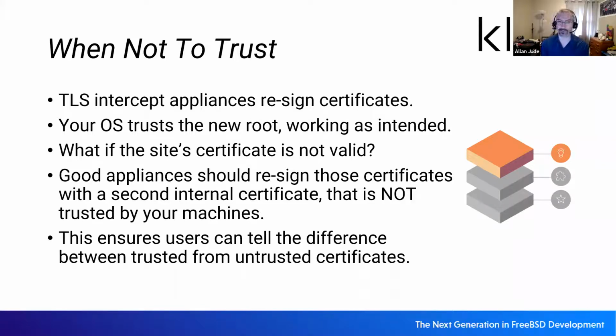And so you want to make sure you're not trusting that second certificate from the appliance, so that you ensure that your users can still tell the difference between a trusted and an untrusted certificate.